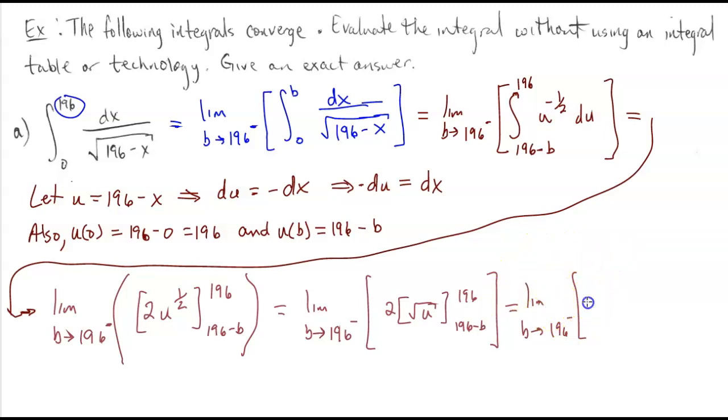And this will be 2 times square root of 196 minus 2 times square root of 196 minus b. And of course, the square root of 196 is going to be 14. So that means that 2 times 14 is going to be 28.